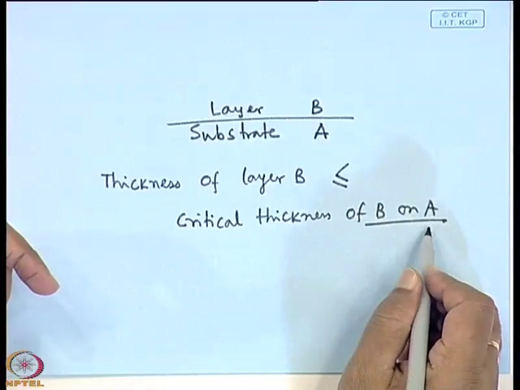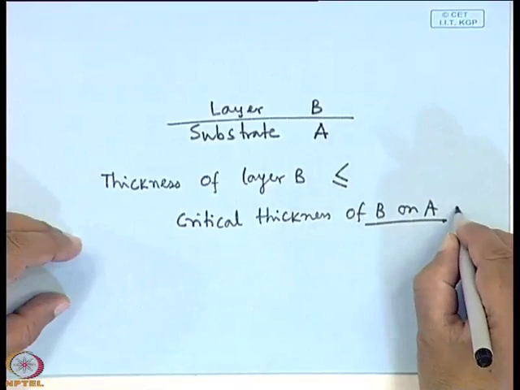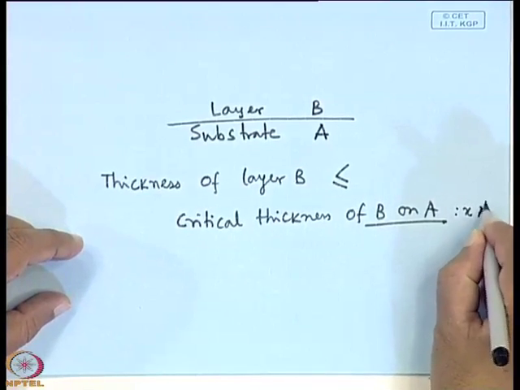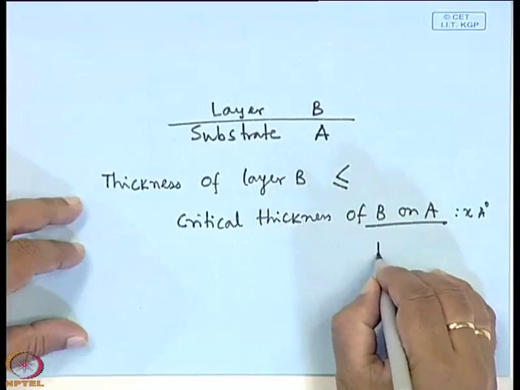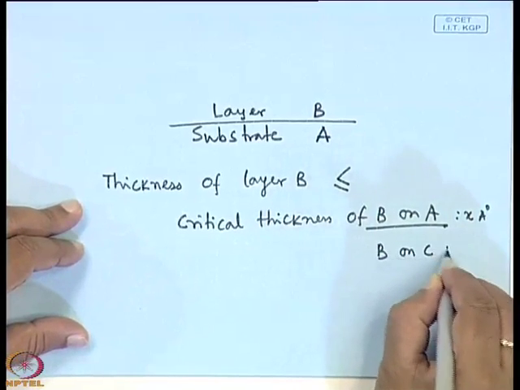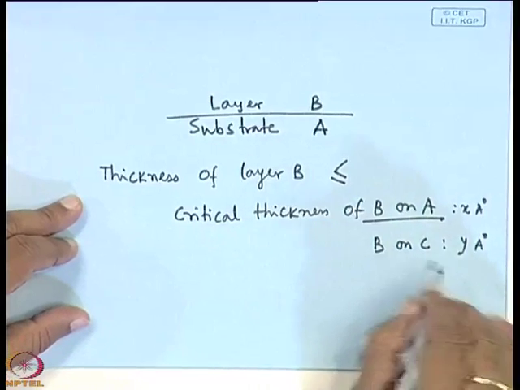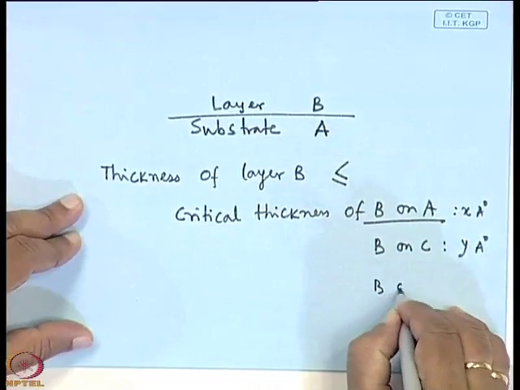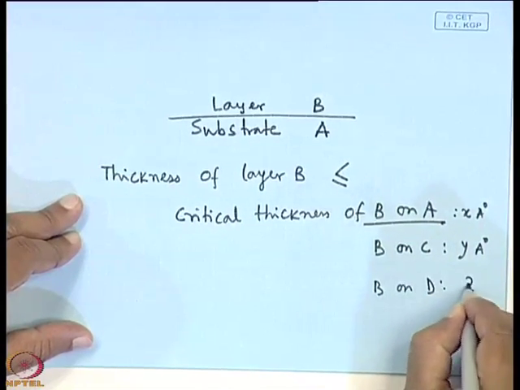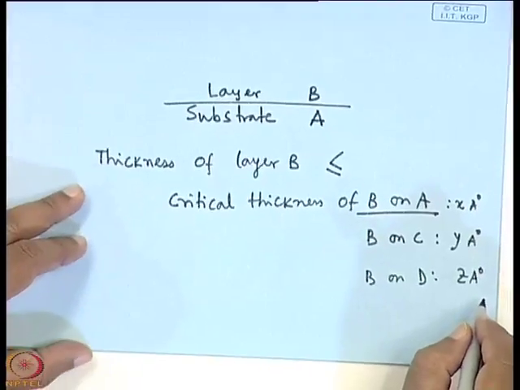Critical thickness will be different for different pairs of materials. For B on A, it can be x angstrom. For B on C, it can be y angstrom. For B on D, it can be z angstrom.